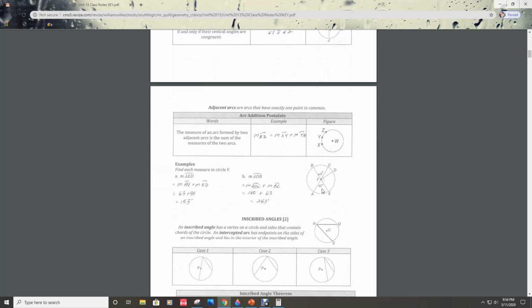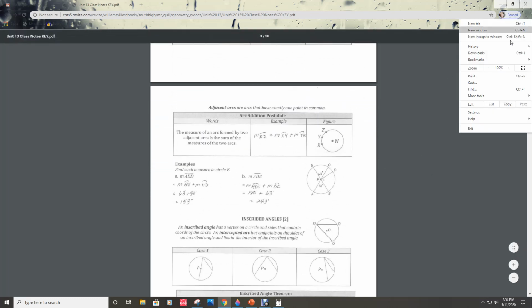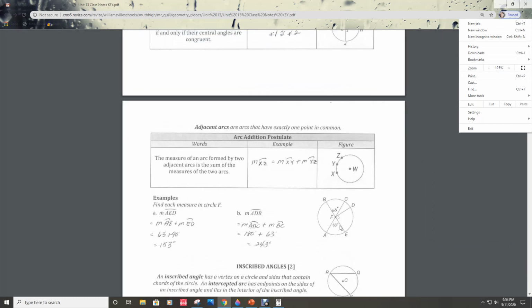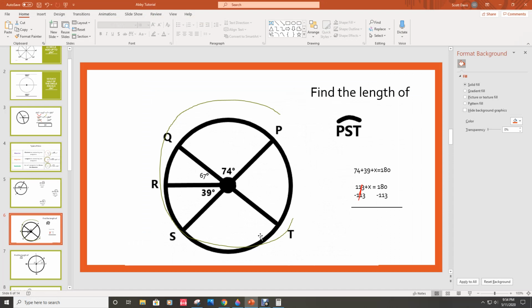Just like this one. If I look at this one, see how I have 63 degrees here. This one is also 63 degrees, right across from each other at that midpoint right here. Okay, they're equal. Alright, so, come back out, and let's go back to our problem.